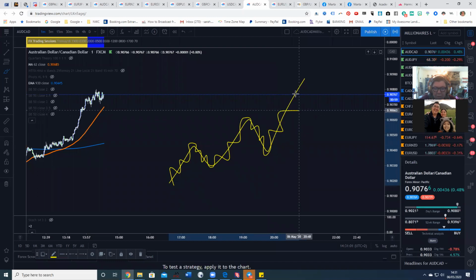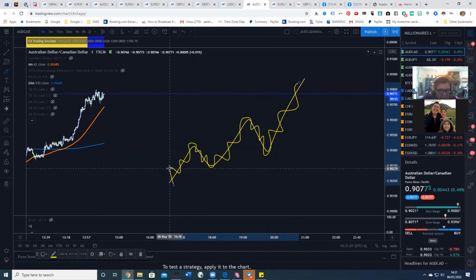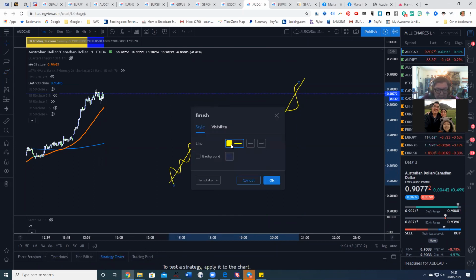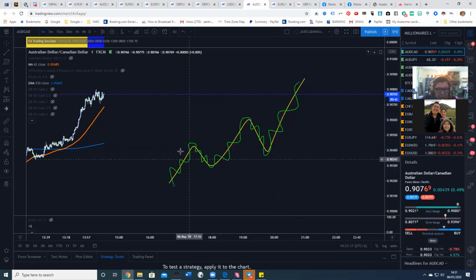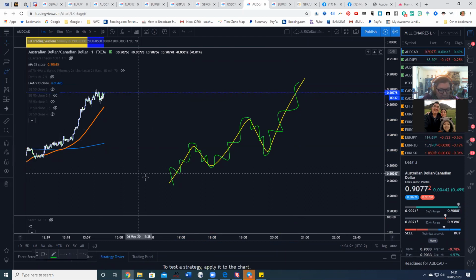So that would be, if I change that color, settings, make that, I don't know, it doesn't matter, green. So that green is the 15-minute chart, and then on the 1-minute chart, this is what I'm looking at.